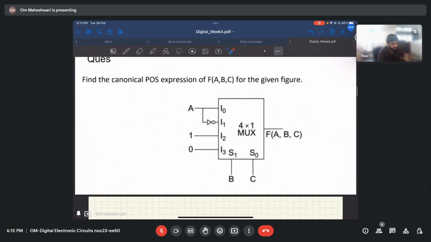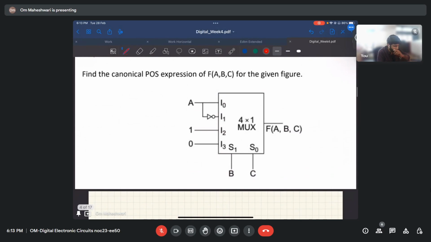So here what we have is, let me write it, B, C, F. Let me give it inputs 0 0, 0 1, 1 0, 1 1. When it is 0 0, then this A will pass, that is output will be A. When it is 0 1, A bar will go.